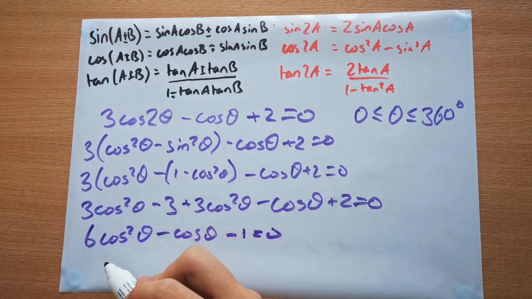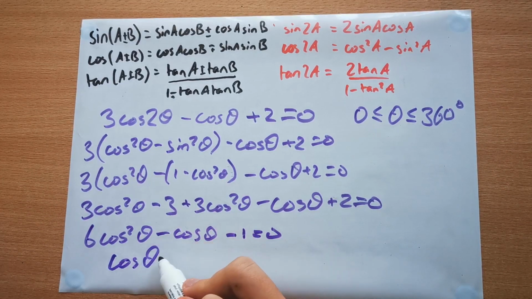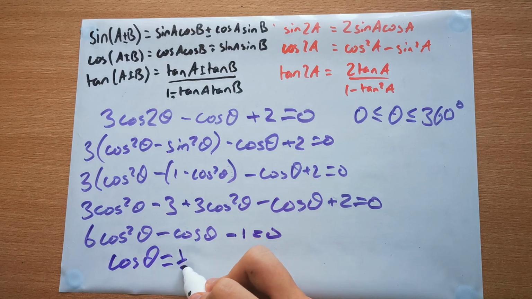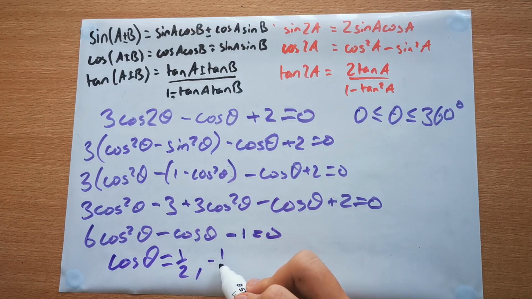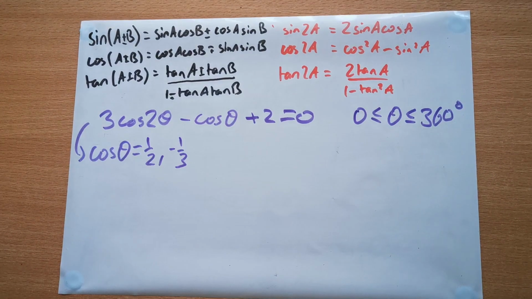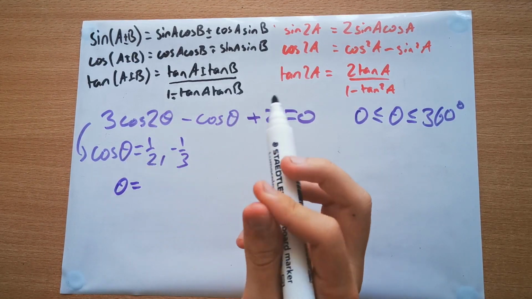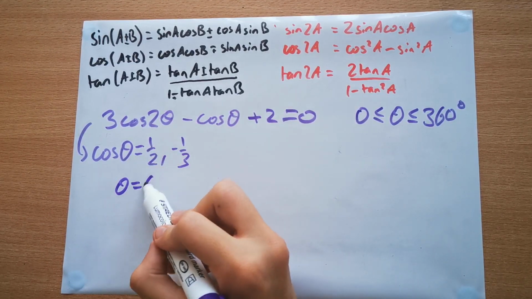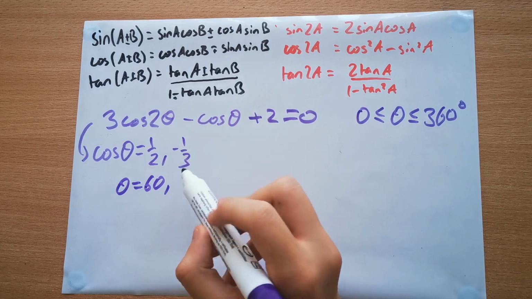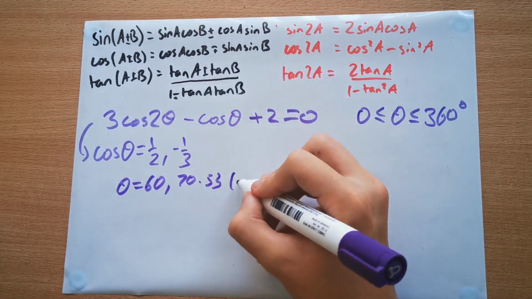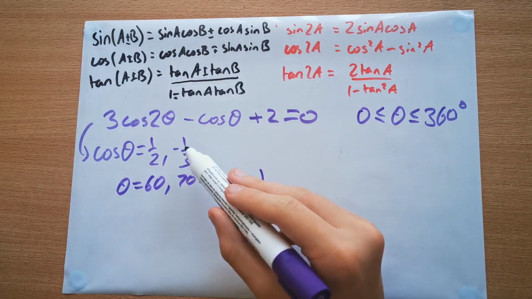I'm not going to show you the brackets this time, just going straight to the answer because there's not enough room: cos theta is equal to a half and minus a third. Now I'm going to rub this out and put this back up to the top. So when we type this into a calculator, cos inverse gives 60 degrees and 70.53, and that is negative, remember, because of the minus.